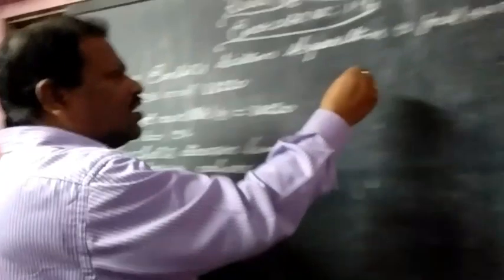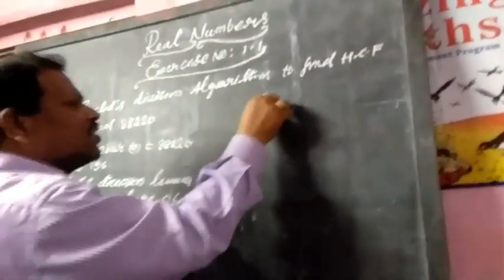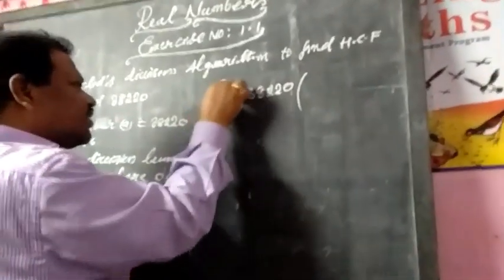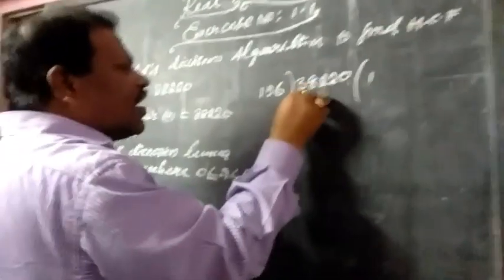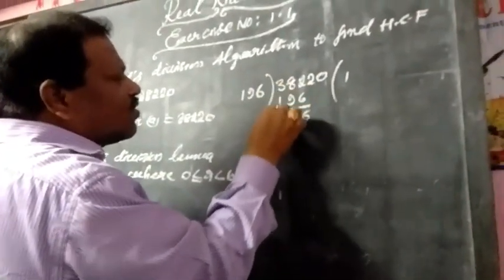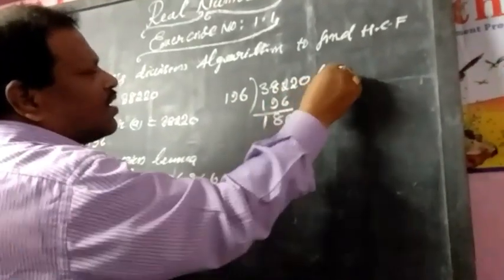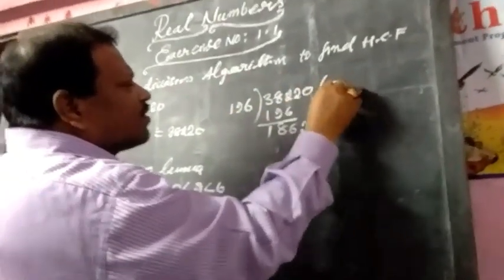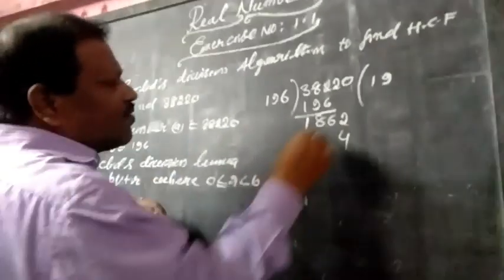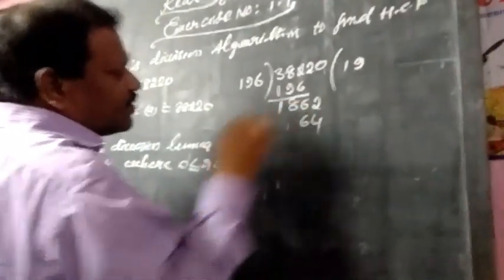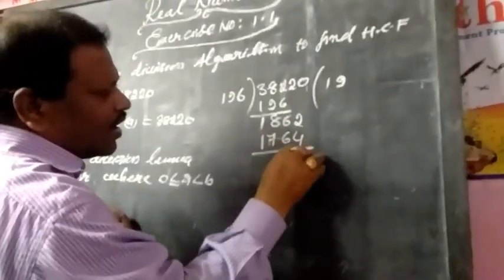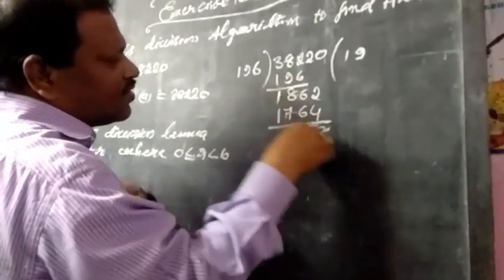Right here, 38220 divided by 196. 196 ones are 196. What is the remainder? Then continuing the division, the remainder comes to 980.